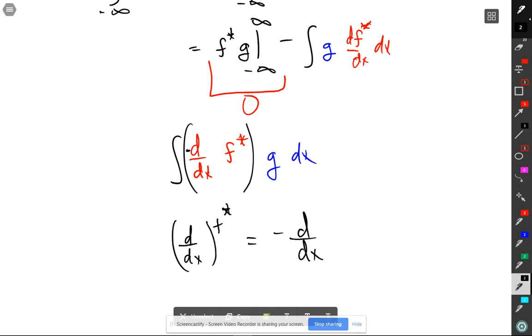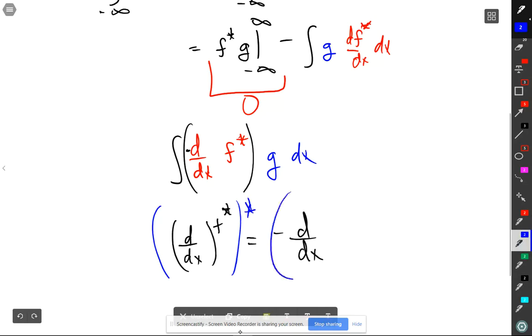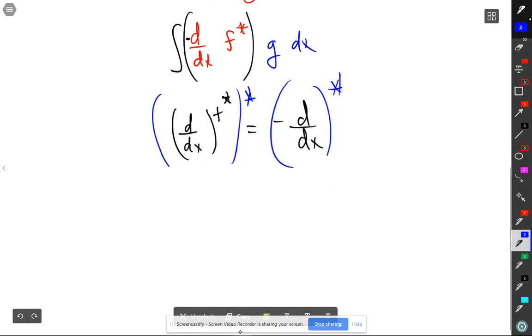So now I want to get rid of the complex conjugate. So I do the complex conjugate on both sides. And I have the adjoint of d dx is equal to, what's the complex conjugate of d dx? Since x is real, it is, yep, still d dx.